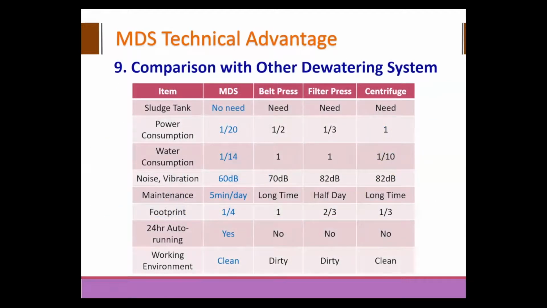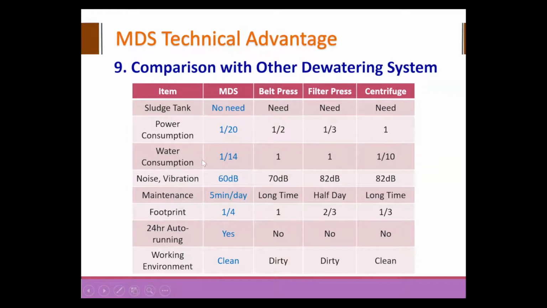Number nine, when we compare with other dewatering systems, these are the items that we need to consider. For example, the sludge tank: if using MDS, there is no need for a sludge tank, but others like the belt press, filter press, and centrifuge need a sludge tank to keep the sludge. Also, the power consumption is 1/20 compared to the belt press, filter press, and centrifuge.